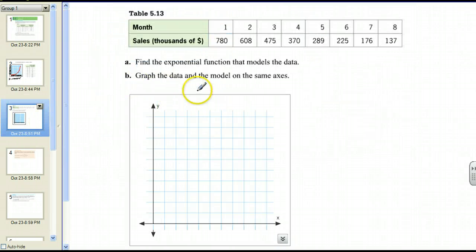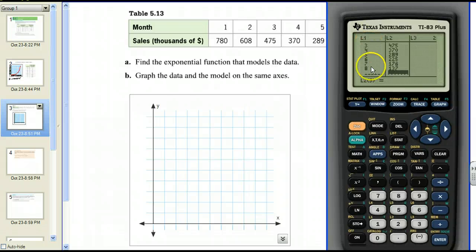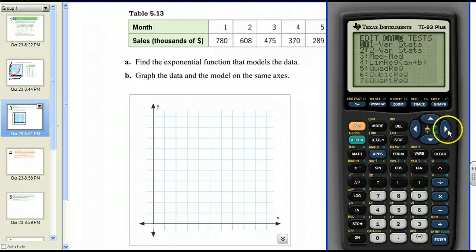All right, for the next one, find an exponential function that models the data for this data set. So once again, we're going to throw it in our calculator, run the regression for exponential regression, and then plot it. All right, so once again, I put all my data in here. I press stat, scroll over to calc for regression, and come down until you find exponential regression.